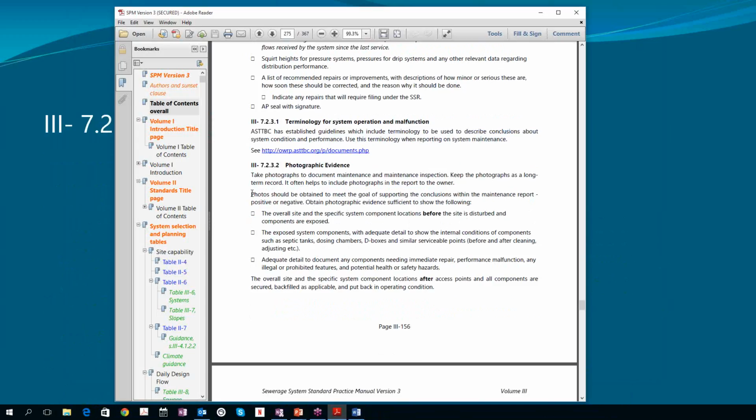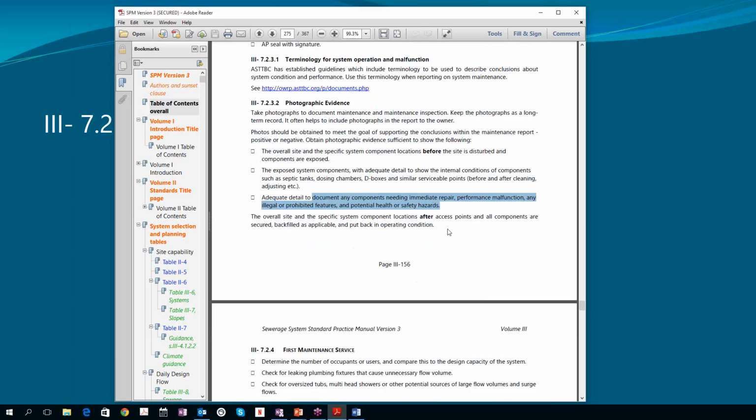It also gives us guidance on how those pictures should be taken: before the site's disturbed, any exposed components, adequate detail to document anything needing repair or performance malfunction, illegal features, and so on. We need photographs to back up that conclusion. And then after, and I've mentioned this a number of times, mostly it's to cover our butt.